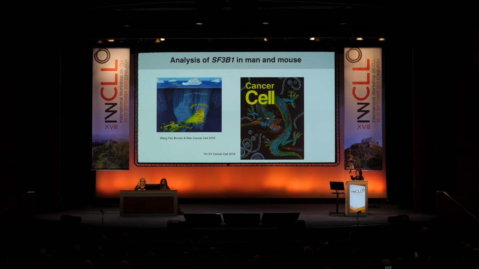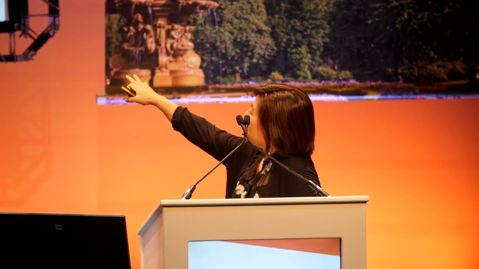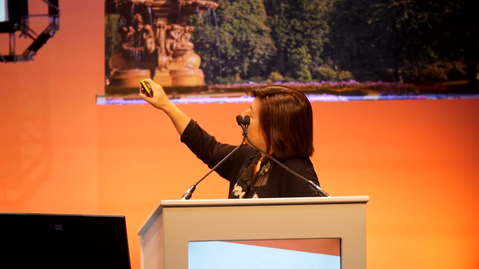This cover on Cancer Cell was inspired by a Chinese proverb, the idea that a dragon doesn't come to life until you finish dotting the pupils with the paintbrush. Here we have already one paintbrush with the SF3B1, but the dragon within doesn't come through.